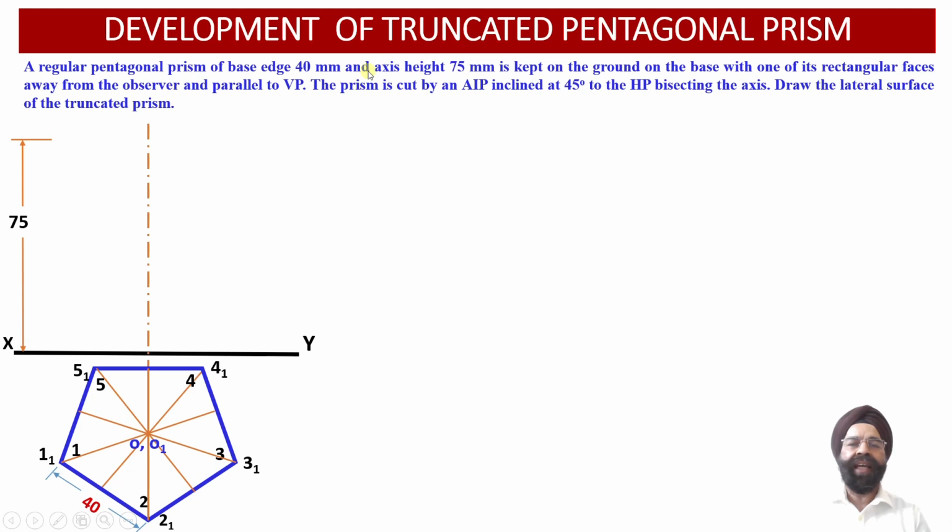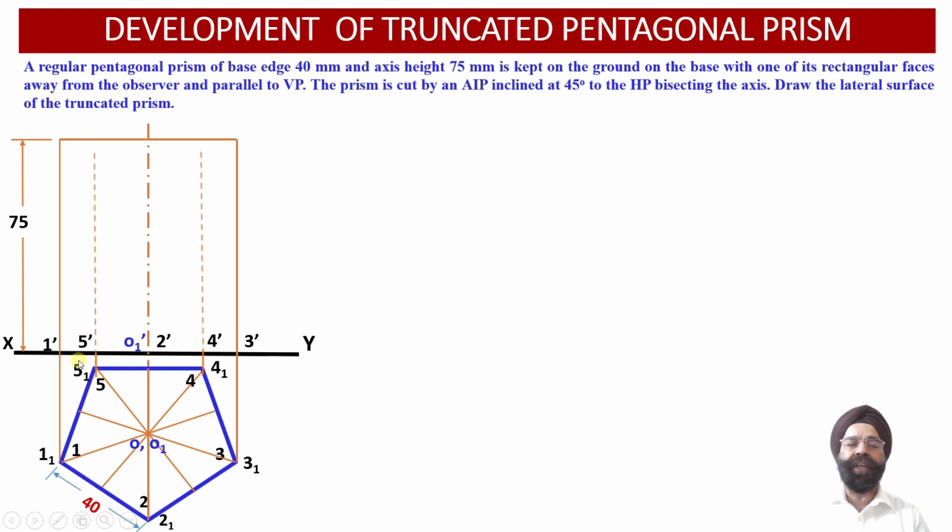We know that the height of the axis of the pentagonal prism is 75 millimeter. Once we mark the axis height, or the height of the pentagonal prism, as 75 millimeter, we need to draw projectors from the 5 base points and projectors from the 5 top face points into the elevation projection view.